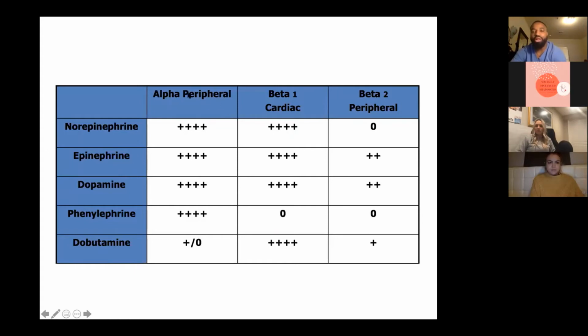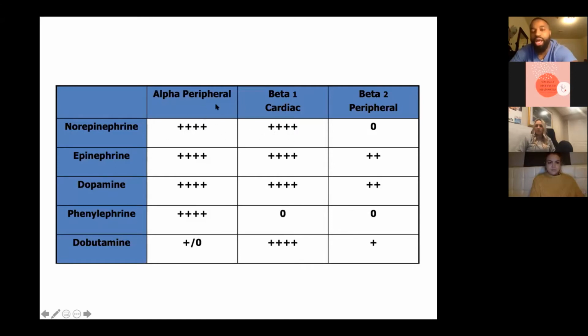So you have alpha and beta receptors all through the body. Most peripheral receptors are alpha 1 and beta 2, and the receptors in the heart are beta 1. So norepinephrine is what we really use a lot, right?